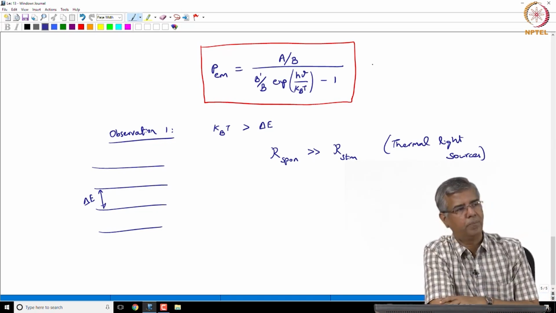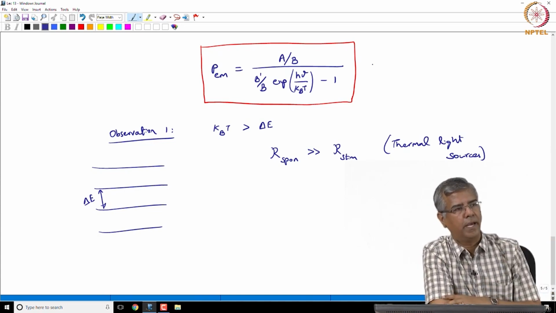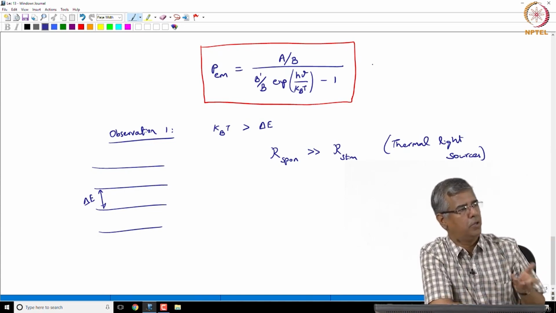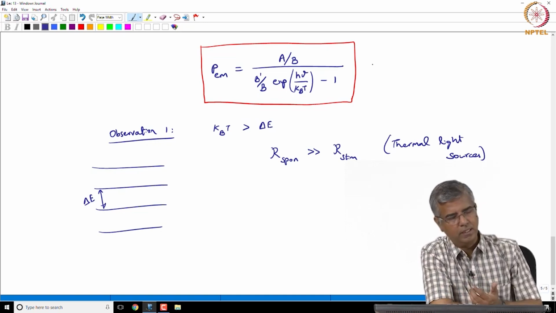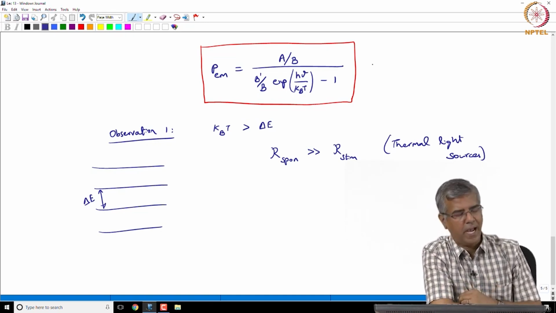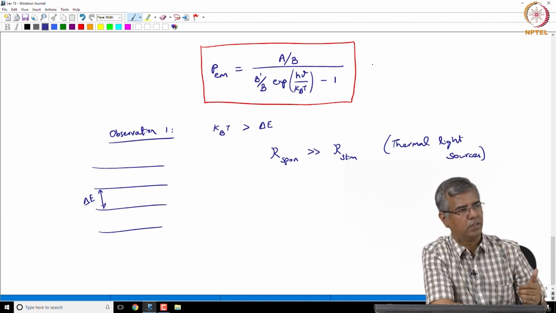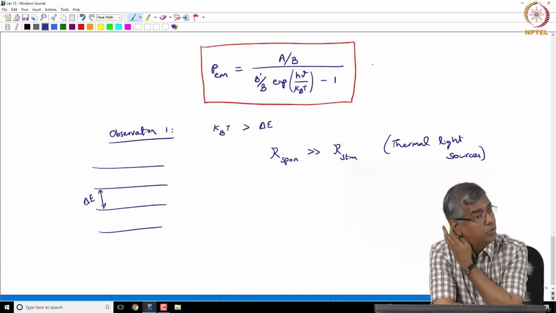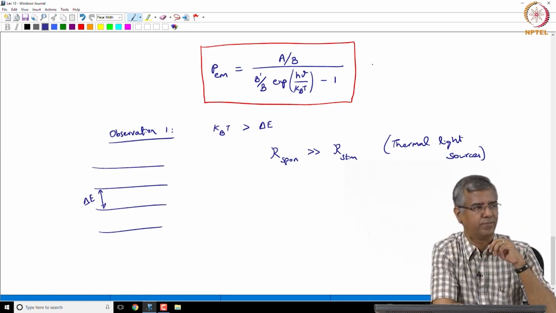to fairly high temperatures, so that you have a lot of electrons going to higher energy levels, and then you have a probability that these will emit photons, but nevertheless because of the fact that they are following the Boltzmann distribution. The Boltzmann distribution, what does it say? What does it say about N2 versus N1?